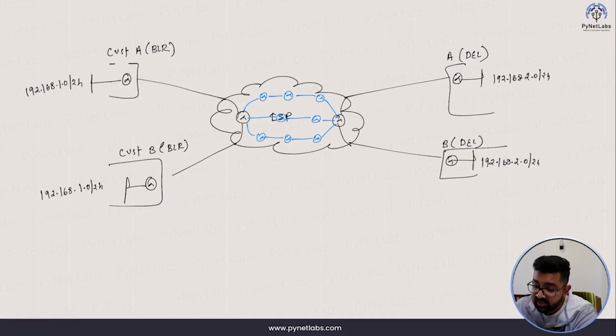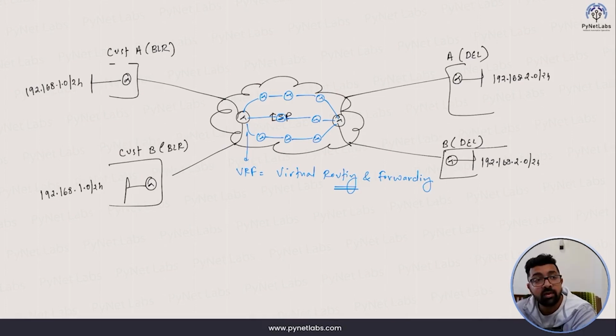To avoid such scenarios, the provider edge networks or the provider networks use something called VRF, that is virtual routing and forwarding. By using virtual routing and forwarding, instead of maintaining one global routing table, your router will maintain multiple routing tables for separate customers.